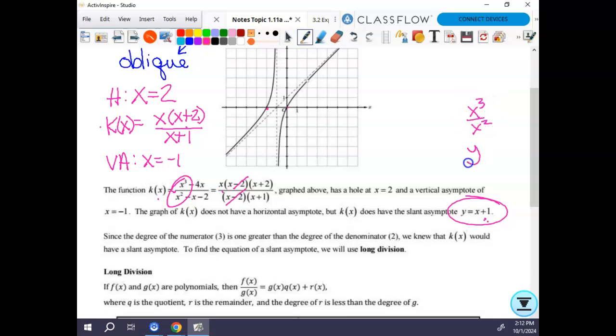So we ended up with y equals x. And that's knowing that that is not my slant asymptote, but it is parallel to the slant asymptote. And since it has the same slope, it would still tell me about the end behavior either way.